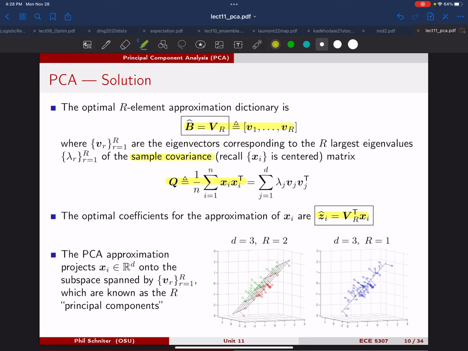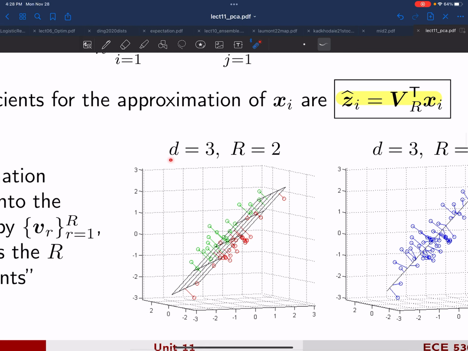And so here's some visuals. On the left here, we have a case where our original data, original features are three-dimensional, so we can plot them and we can visualize them in 3 dimensions. And we are approximating them using 2-dimensional code vectors.